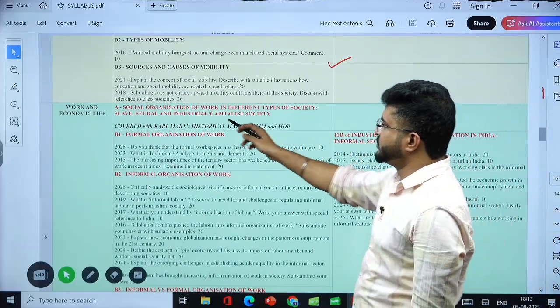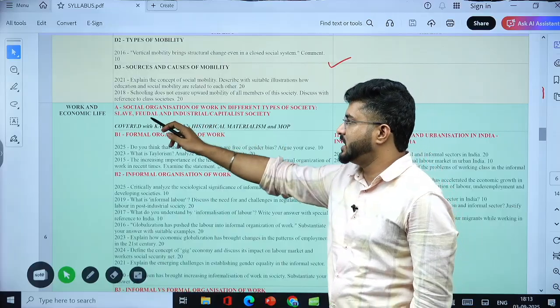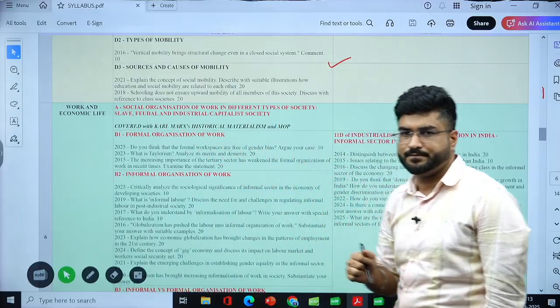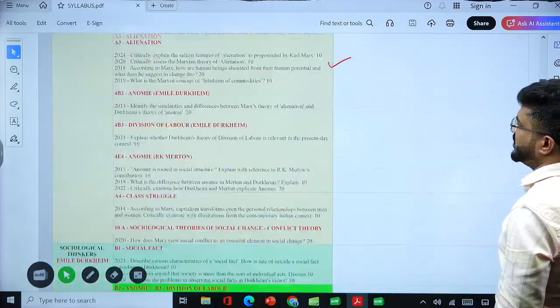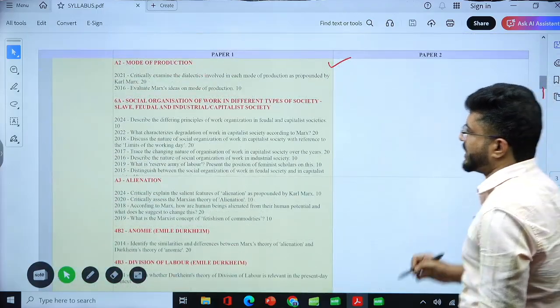Work and economic life, social organization of work in different types of societies: slave, feudal, industrial, capitalist society. Okay, when you see the PYQs of this particular section, you will see that most of the questions are coming from Karl Marx only.